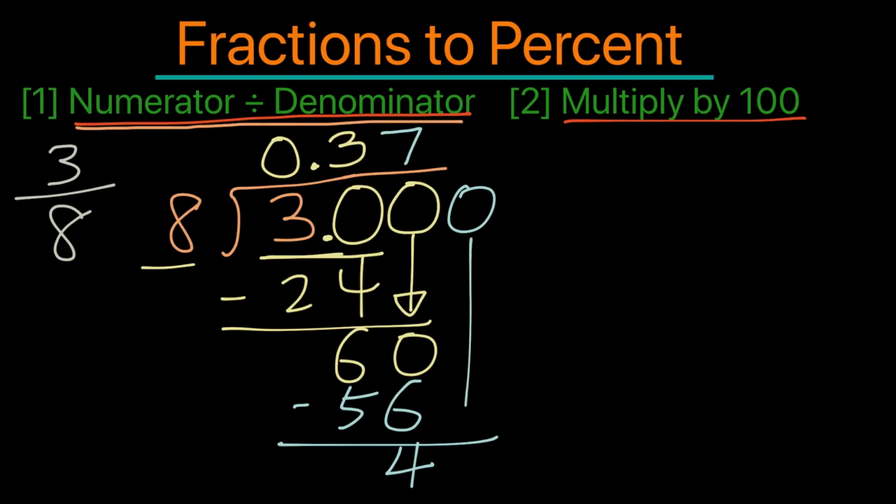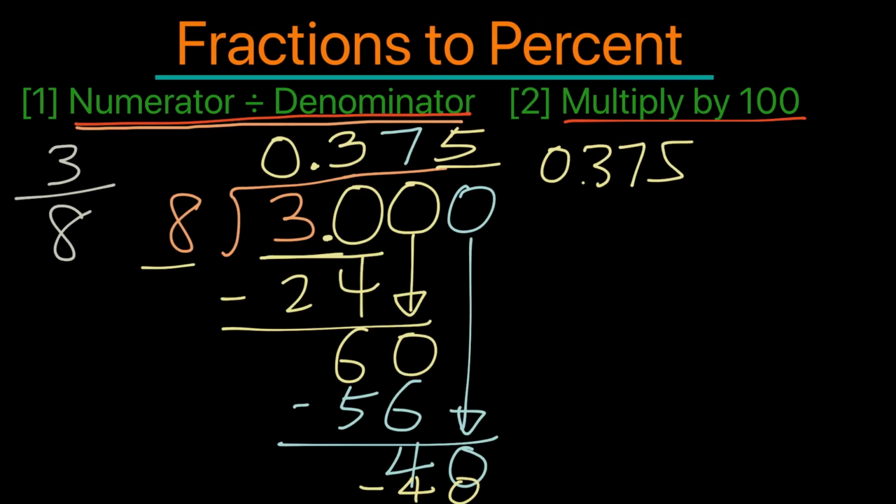Then we bring down another 0, and we all know 8 times 5 is 40. Now I don't have any room here, but that will become 0 as a remainder. So our answer here is 0.375.